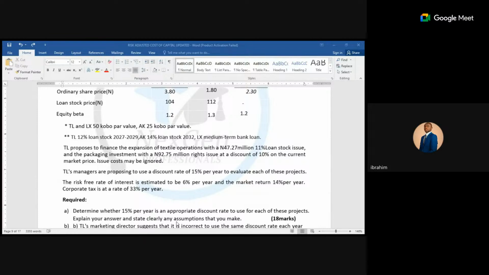So you will still calculate the weighted average cost of capital for the textile expansion. The expansion is still their normal business. Their risk will not change. So you calculate the weighted average cost of capital, you now compare with 15%. You now use it to check: is it appropriate or not?